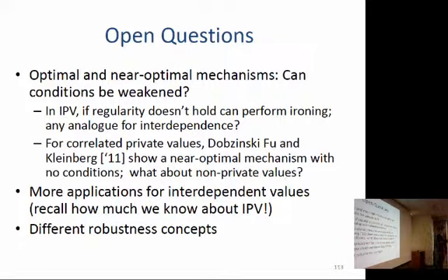I'm wondering if there is a natural mechanism where the designer doesn't need to know the value function. Yeah, I think that's a great question. I don't know. We were thinking maybe somehow use the English auction and assume symmetry on the value functions and get prior independence with respect to values. That would be awesome. I don't know.